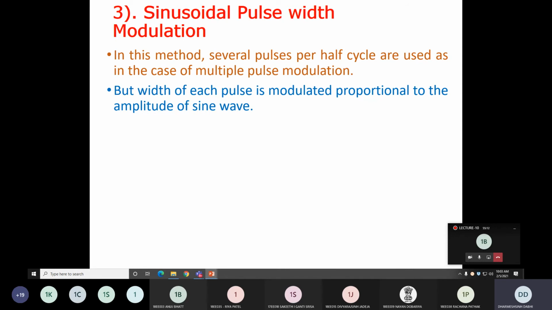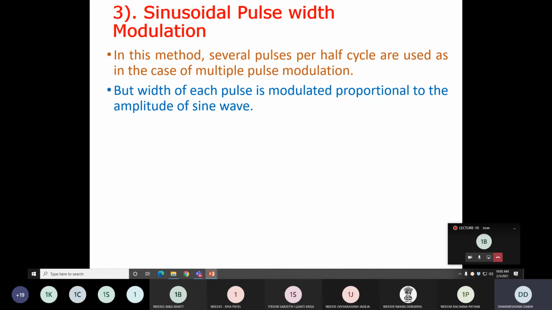From 180 to 270, the magnitude increases but in the negative direction, and from 270 to 360, the magnitude decreases. So in sinusoidal pulse width modulation, the width of each pulse is modulated in proportion to the amplitude of the sine wave. It means that as the sine wave amplitude changes, the width of the pulse also changes.